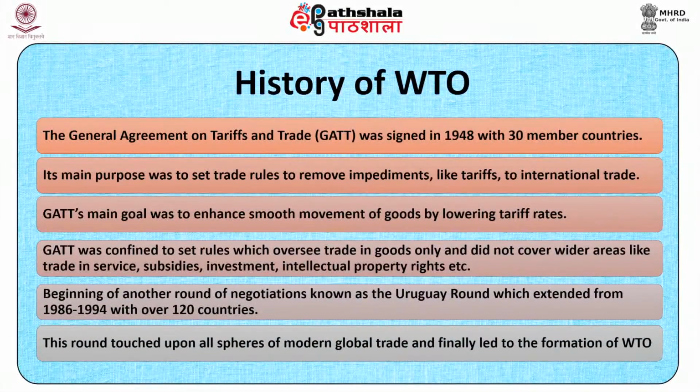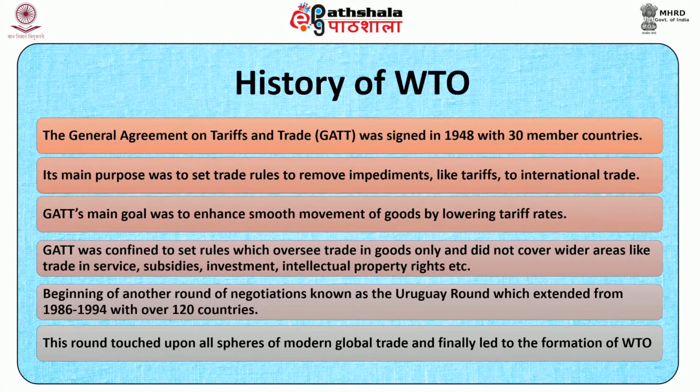History of WTO. WTO was established on January 1, 1995. However, its origin is almost 50 years ago. Its forerunner, the General Agreement on Tariff and Trade, called GATT, was signed in 1948 with 30 member countries.